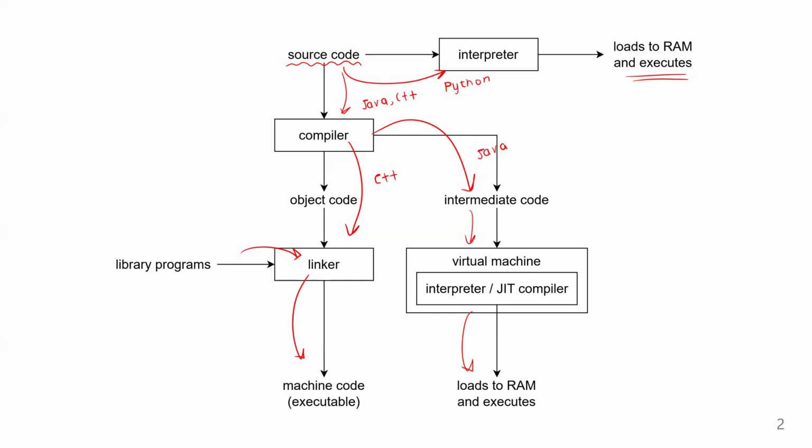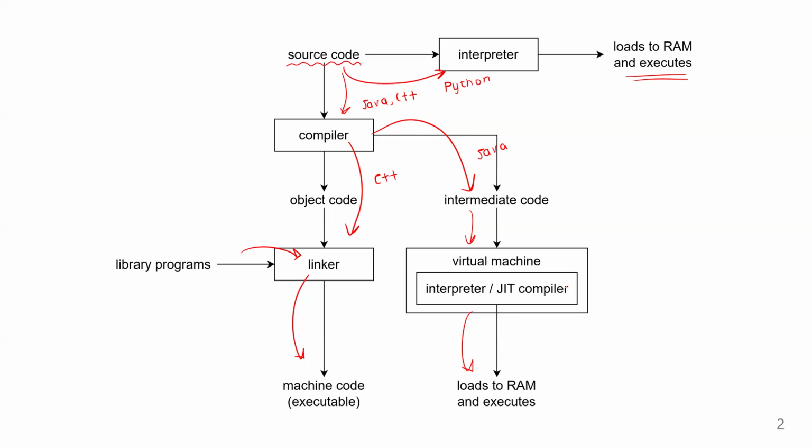Or if you take the downwards bottom route, you'll be compiling the code either into object code, which next needs to be linked with your library programs to produce the machine code, or you can take the intermediate code route like Java, for example, does to produce some sort of intermediate code, which is in Java's case known as bytecode, and then converted into executable or run then and there via a virtual machine that uses an interpreter.